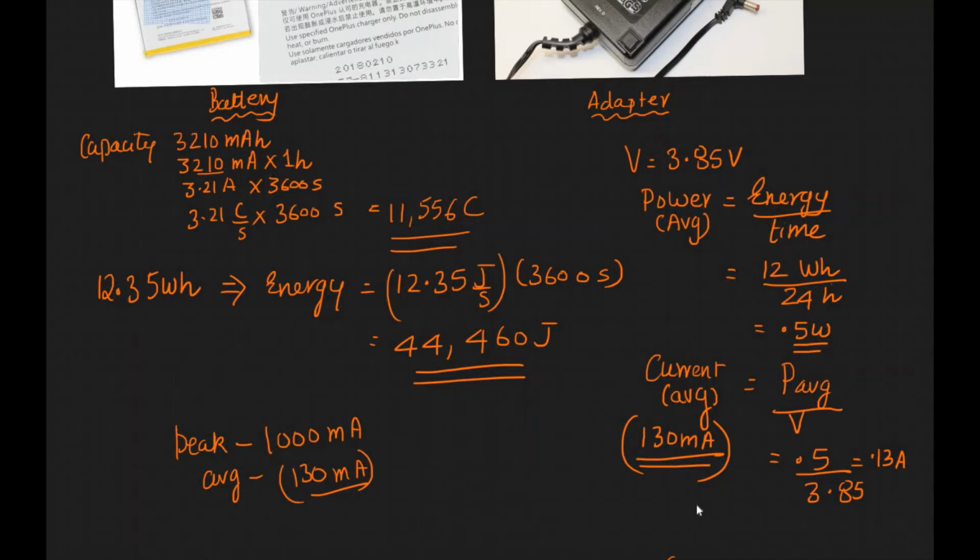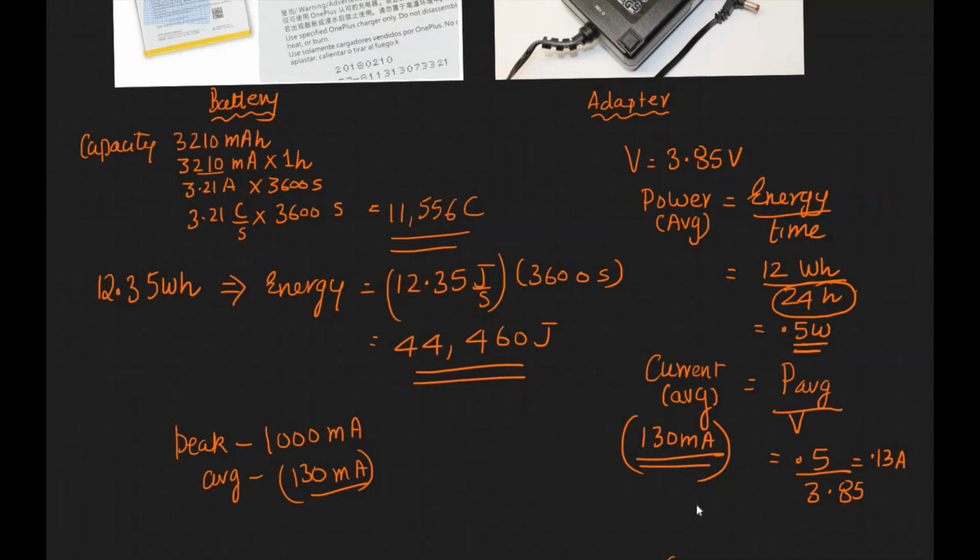By the way, I want to go back to this quantity, 24 hours. This is based on an assumption that your battery discharges in 24 hours. So if you have that much energy and your battery discharges in 24 hours, on an average your battery is delivering 0.5 watts. This is how you can analyze what happens in your battery.